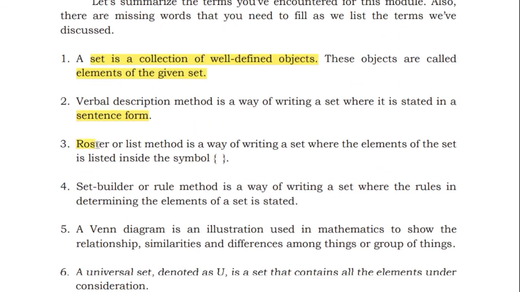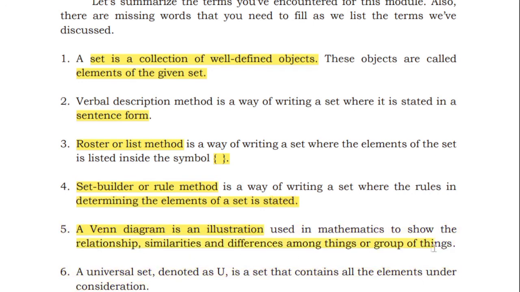The roster or list method is represented by two braces for the given set. Then the set builder or rule method is a way of writing certain rules determining the elements of a given set. And the Venn diagram is the pictorial representation or illustration used to show relationships, similarities, and differences among things or groups of things.